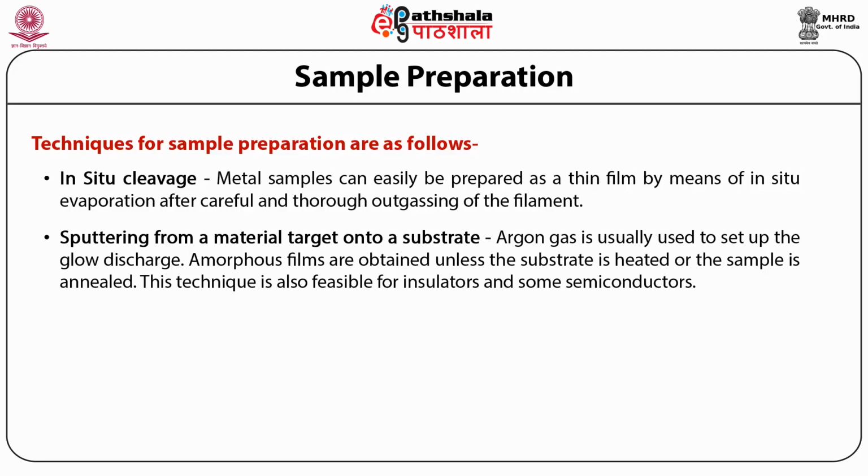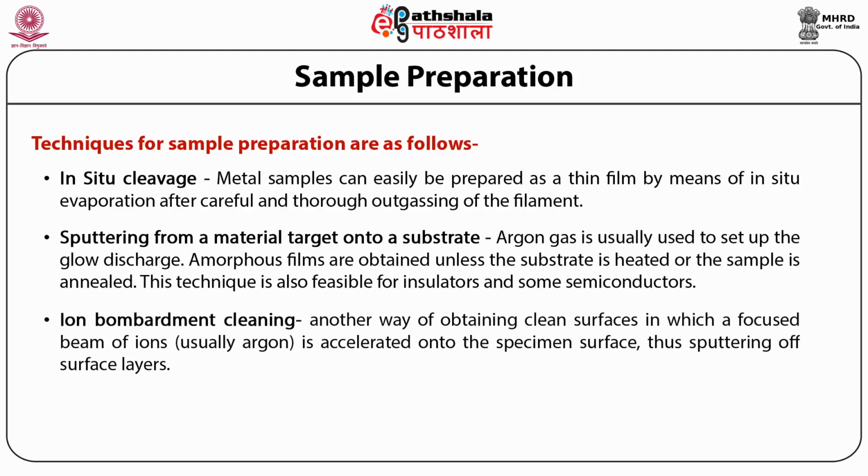Next technique is ion bombardment cleaning. Ion bombardment cleaning should also be mentioned here as another method of obtaining clean surfaces, in which a focused beam of ions, usually argon at 5 x 10^-6 torr, is accelerated into the specimen surface, sputtering the surface layers.